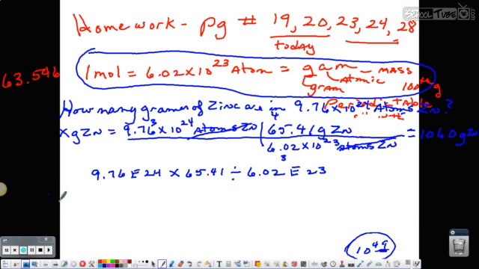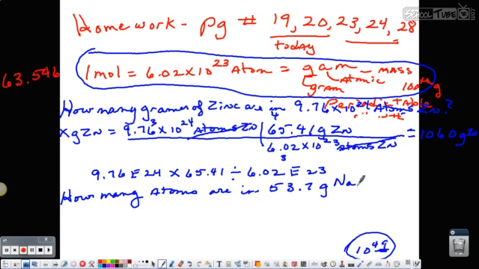Alright, the last one is how many atoms are in 53.7 grams of sodium, Na. What are you looking for? X atoms sodium equal, what do you know? 53.7 grams sodium.